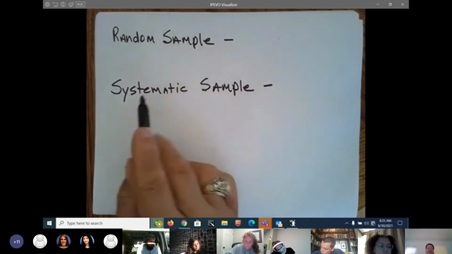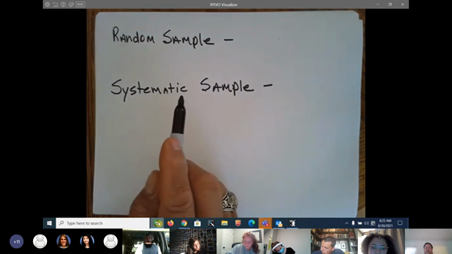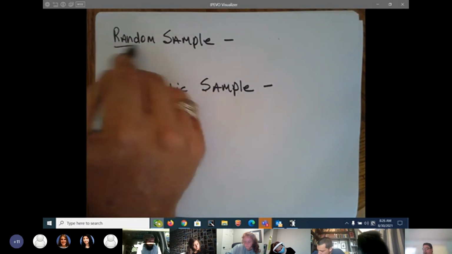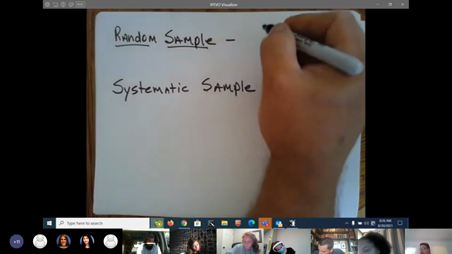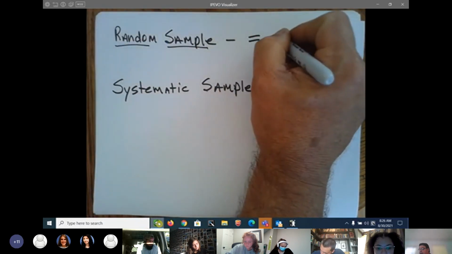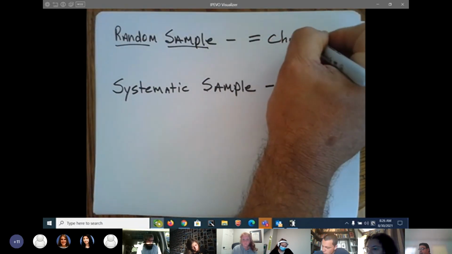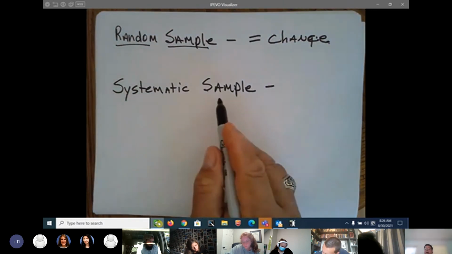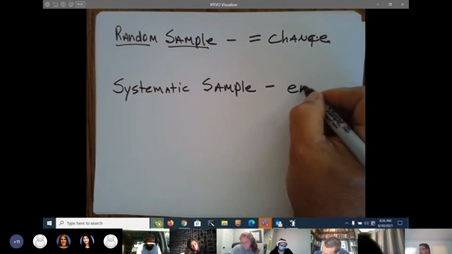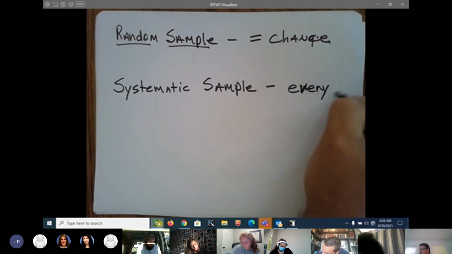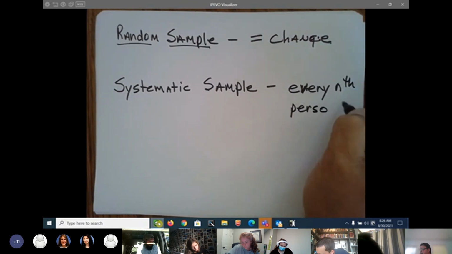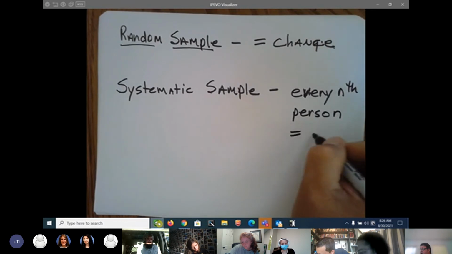The reason I'm going to test you on these two is because these are the two that are most used. Random sample, I told you before, is everybody has an equal chance. And systematic sample, every nth person has an equal chance.